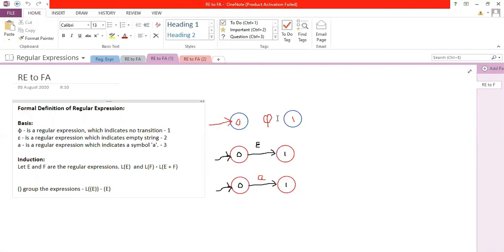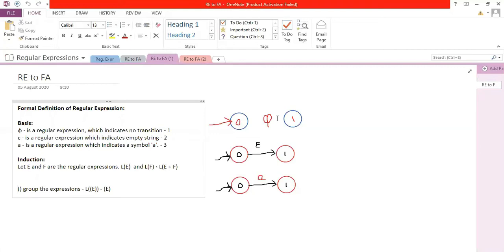Similarly, if you have a transition from one state to another state and you represent it using epsilon, we just specify the symbol as epsilon. That means there is a transition from one state to another state, but without any input symbol. As we know, epsilon represents zero input symbols. Next is the symbol a.